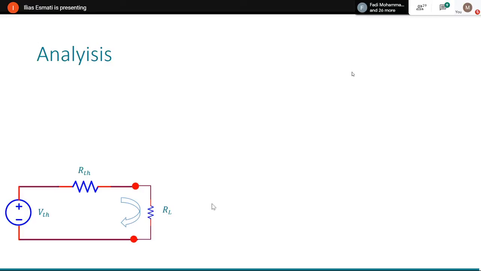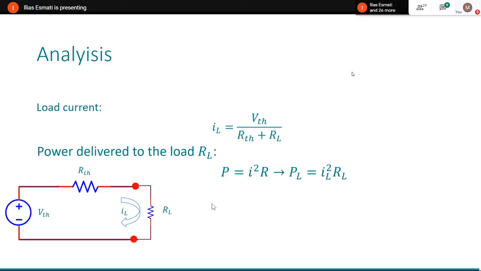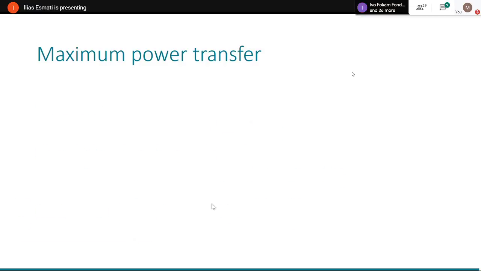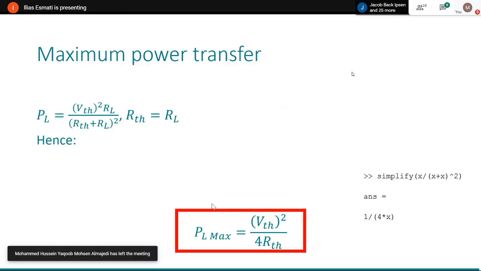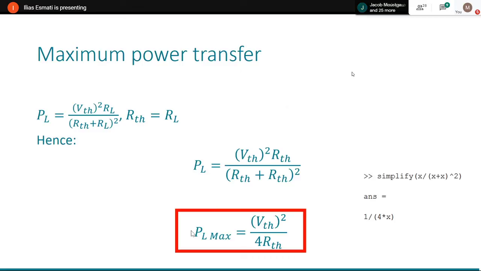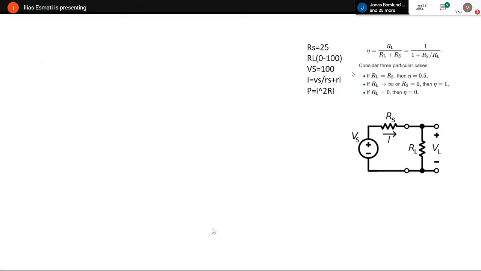Well, it came from the knowledge we have learned in circuit analysis, and the things we have learned so far. We used a bit of math here. We differentiated, and then we came to the point that the maximum power is simply this one. Good. So again, the takeaway is this formula for maximum power transfer.